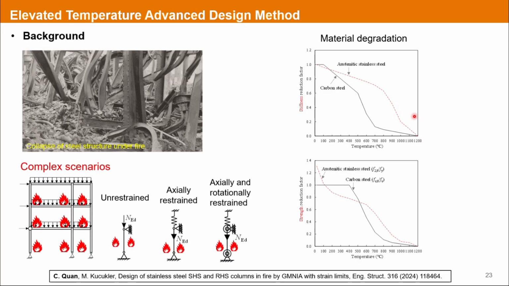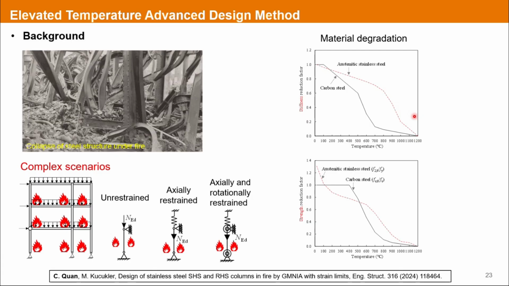And these material degradation effects, as well as those indirect fire actions, are relatively difficult to address through the hand calculation approach. However, when we apply the advanced design method, we could consider these more complex scenarios.